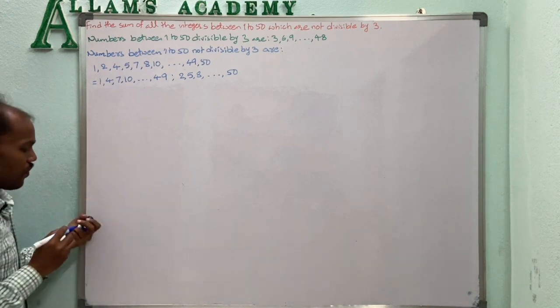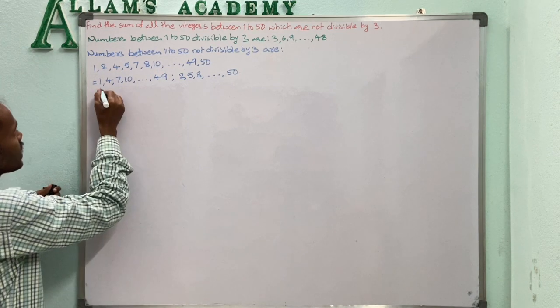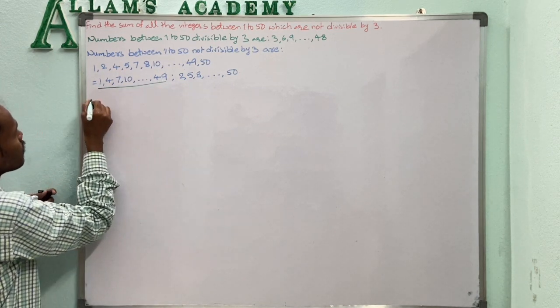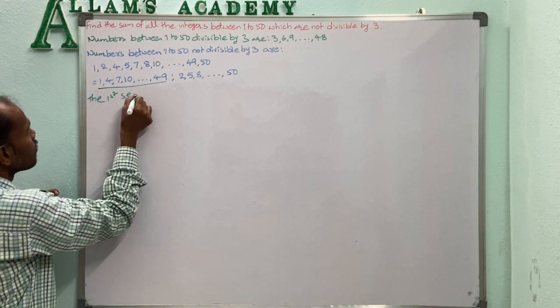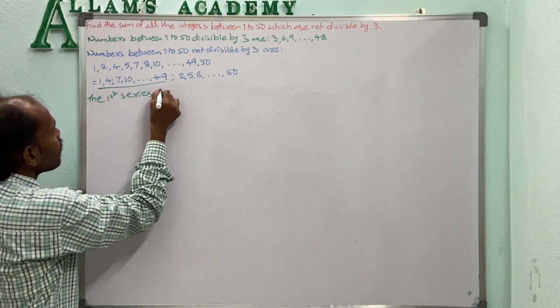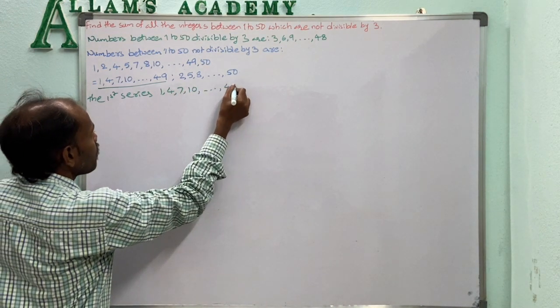Now here, if we observe the first series, 1, 4, 7, 10 and so on up to 49.